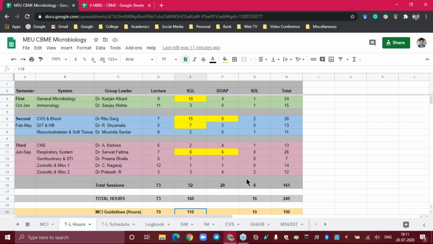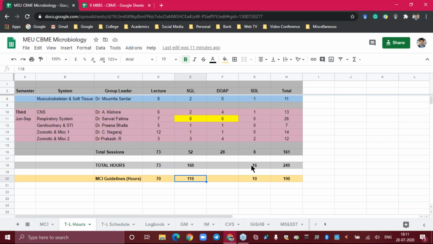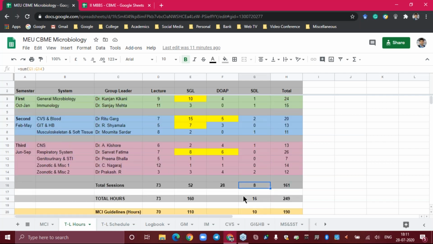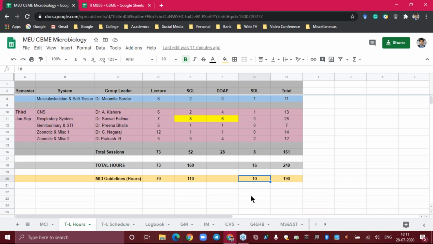If you look at this self-directed learning, there are 8 sessions, and if you feel that you can give 1 hour session, that would not be problematic. But ultimately, if you want more, no problem. But this is as directed by MCI, minimum should be 10. So it is not that much of an issue, and we can reduce that from our normal teaching learning.